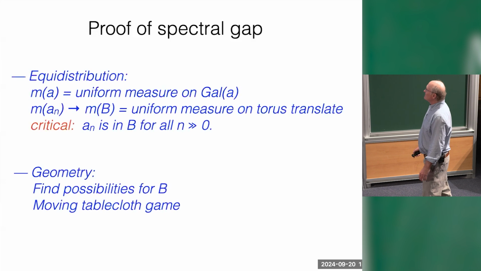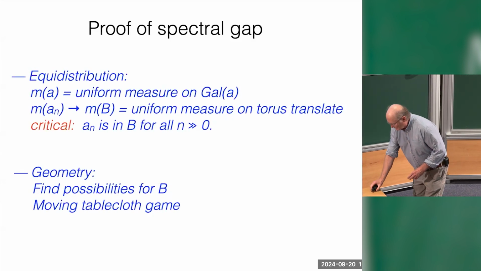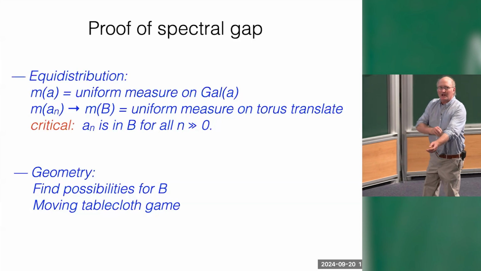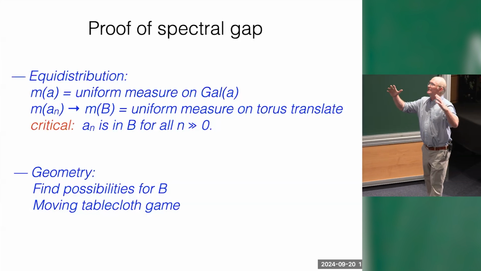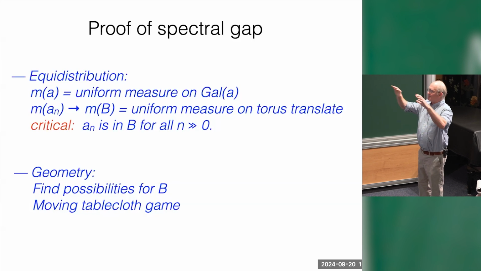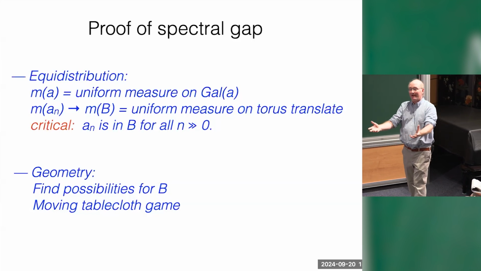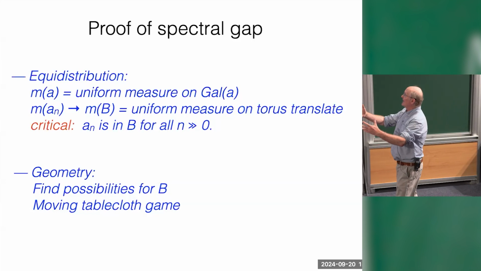So rather than showing some details about the proof, let me just say the following. There's a lot of discussions where you want to understand how a large finite subset of a torus distributes itself. Maybe it's rational points or something like that.